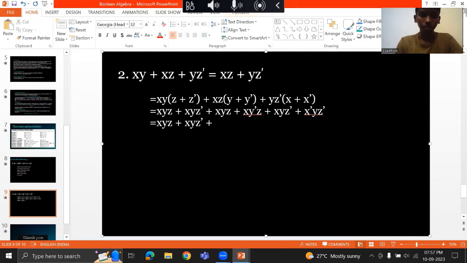Now it will be xy dash plus x dash yz dash. So let's just rearrange the terms now.